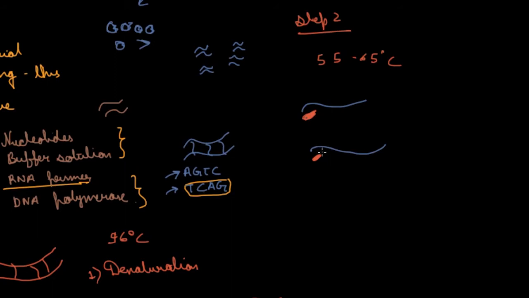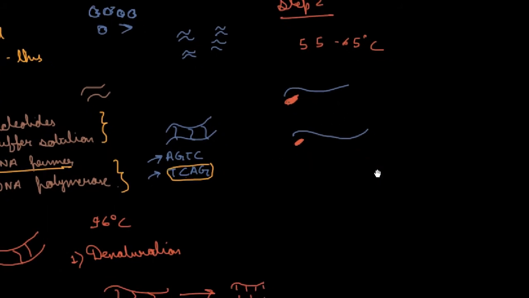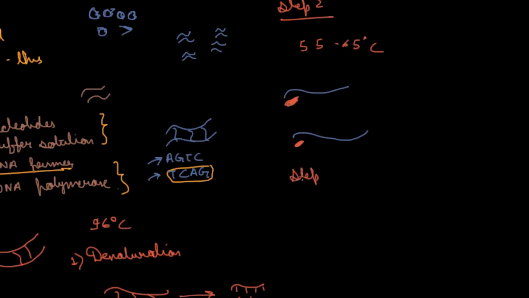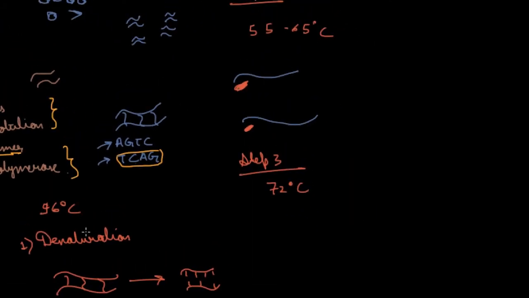Now we want DNA polymerase to attach, and we want it to synthesize the further part of this single-stranded DNA. So at step 3, the temperature is again raised to 72 degrees Celsius approximately. At this temperature, the DNA polymerase will bind to the RNA primer, and then it will extend this part.